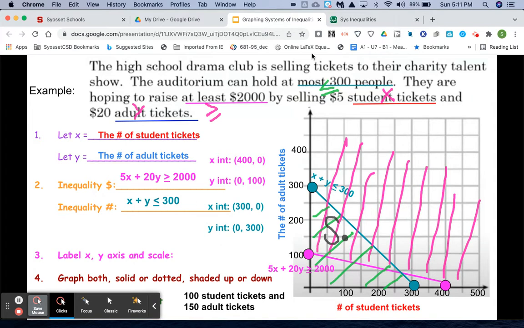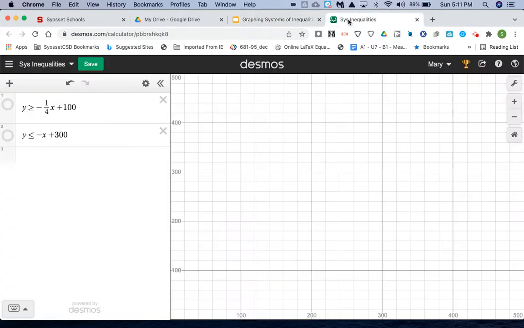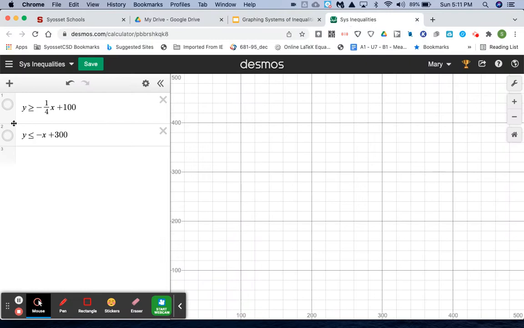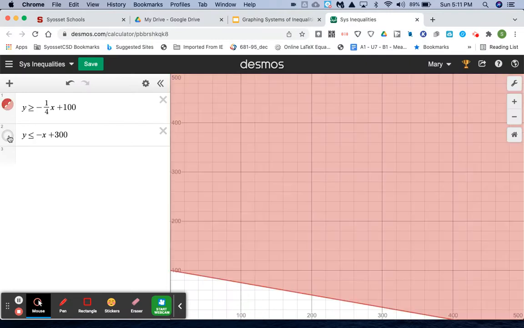Now, you could graph these, and what I did was I graphed them on this Desmos website. And again, you would have to know how to scale because Desmos gives you a default scaling of -10 to 10 for the X and Y axis. So you would have to kind of know what you're looking for. But here's your solution set right here if you graph this on the Desmos website.